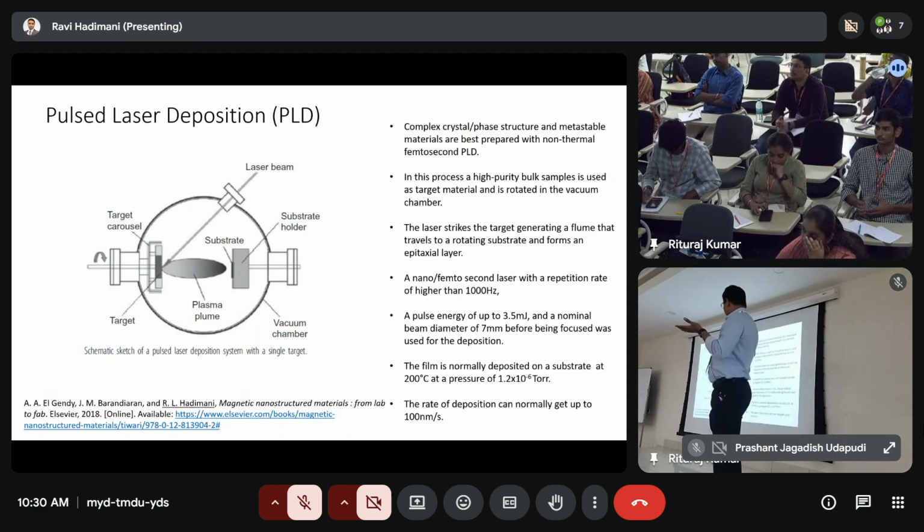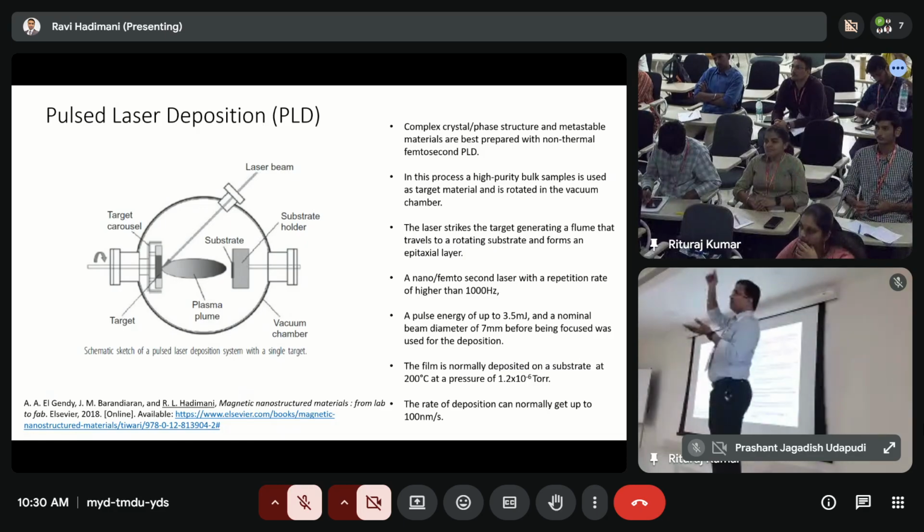Because it's at high frequency, almost 1,000 times higher than the nano. So before it comes back, another photon comes and puts it into the higher orbit, and it keeps putting it into the higher orbit.